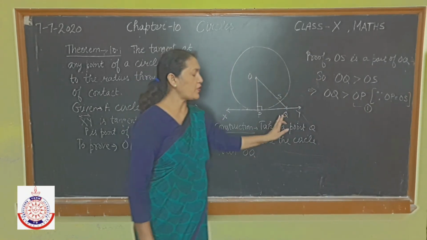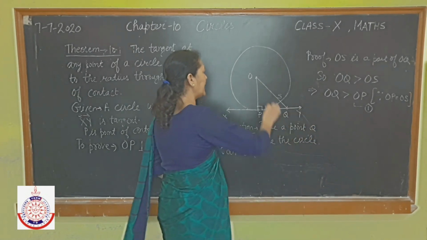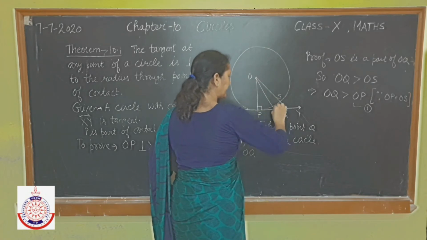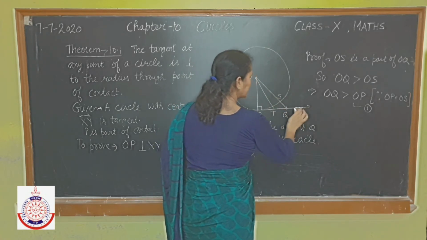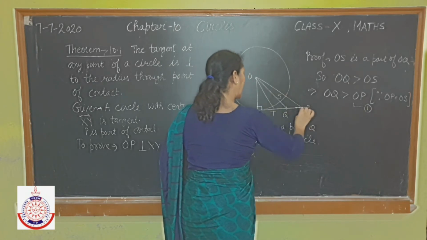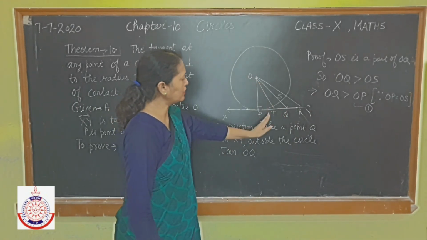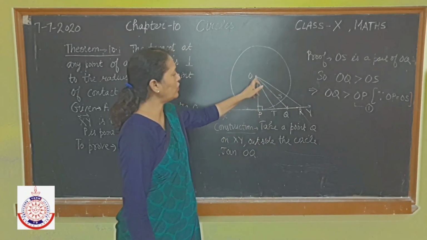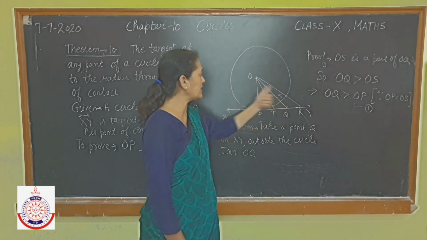As I have taken this point Q external to the circle, outside, I can take one more point anywhere. See, we have taken P. We can extend it and take more points. Suppose we have taken R. In all the cases, like OT, OR, we can write the same result. Here also, OR is greater than OS, means OR is greater than OP.